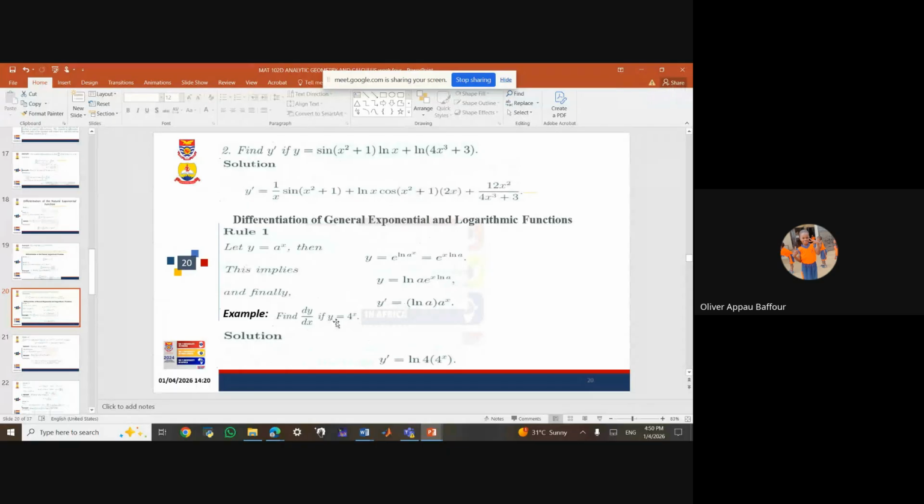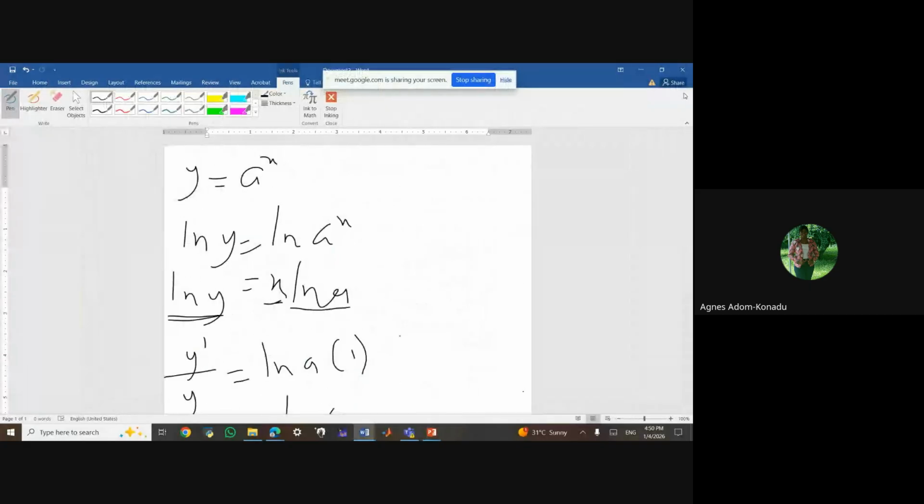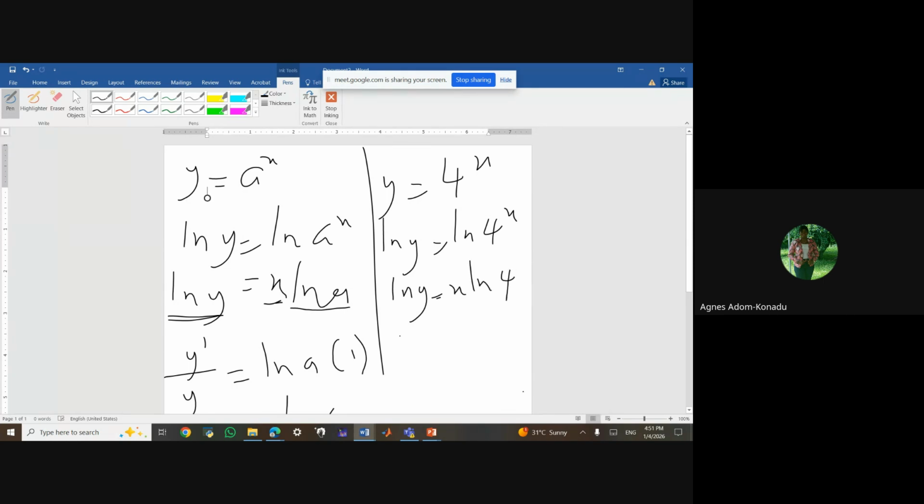Okay, so we have y is equal to 4 to the power x. So I'll introduce ln. I have ln y is equal to ln 4 to the power x. So ln y is equal to x ln 4.